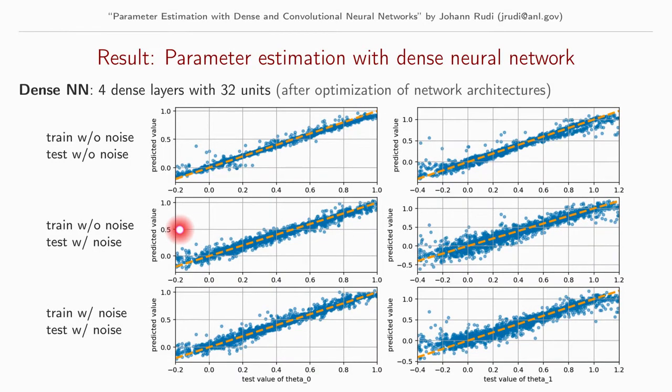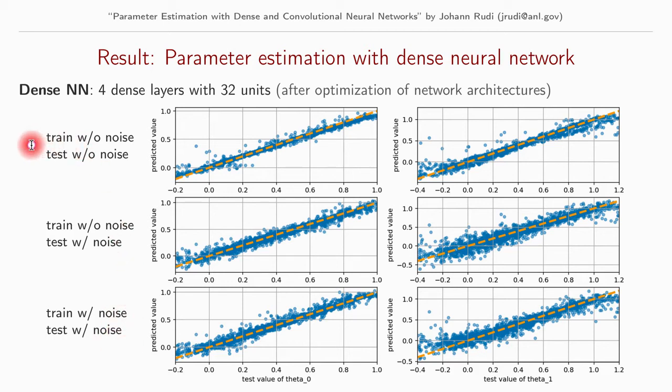Okay, now let's see what happens if we construct a dense neural network, and let's assume we went through a bunch of optimization steps to find a good network architecture. And you can see the steps in the paper. So I want to show 3 different cases where training and testing data of the membrane potential is noise-free, the testing data has noise, and then both of them have noise.